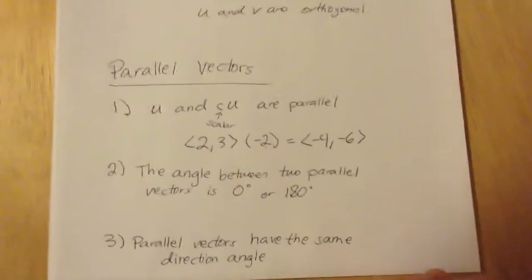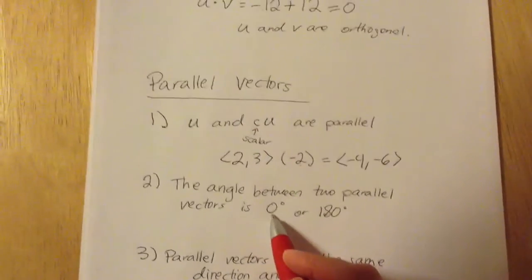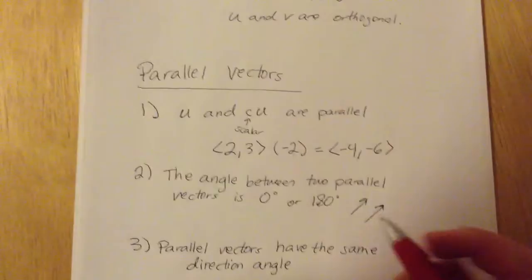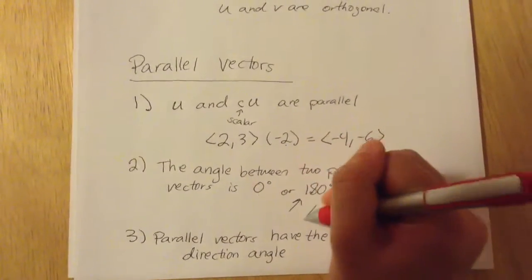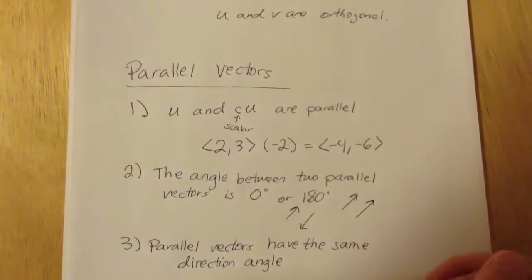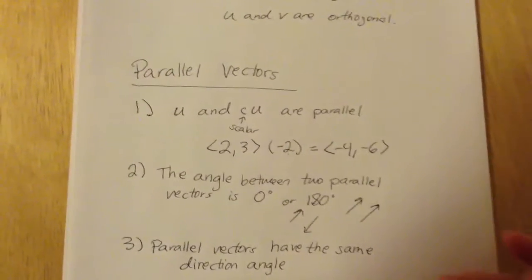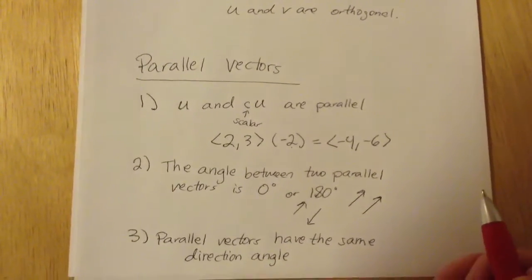Another way you can look at parallel vectors is that the angle between the two vectors is either 0 degrees, which is where they're going in exactly the same direction, or 180 degrees, which is where they're going in opposite directions, but they're still parallel. You can use the cosine formula from the previous page to find the angle between two vectors.